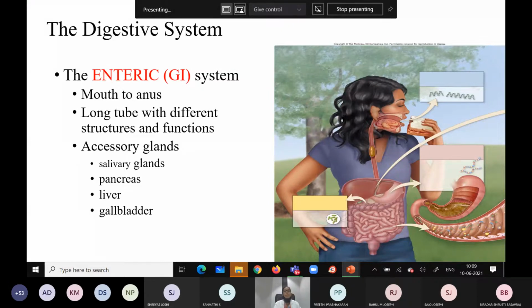Those who have missed the last class can just listen to this, it will be like an introduction to them. This GI tract is made up of long tubes with different structures and functions, and it has accessory glands like salivary glands, pancreas, liver and gallbladder, which are considered as accessory glands of the gastrointestinal tract.